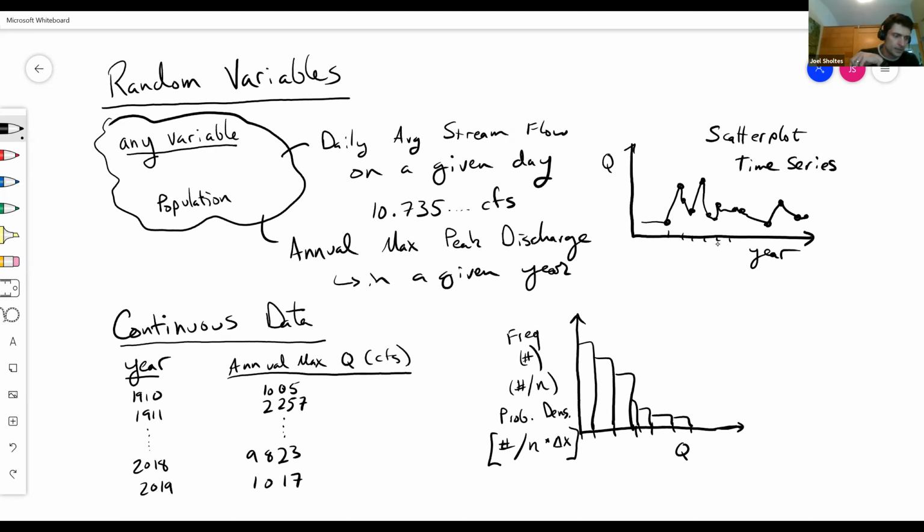That's per delta x, sorry. It's a little unclear in my notes. I'm going to have to double check that, but I'm pretty sure that those are the units of probability density. And so to back calculate the value here, you multiply it by the width of the bin. So delta x is our bin width right here.